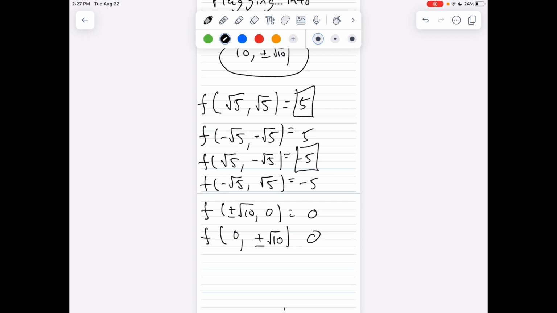So you basically just grab your pairs of points that you see are solutions to the best of your knowledge, and you plug them back in. Usually the actual solutions to your constraint will give you your min and max. So the root 5 points, these four right here, are solutions when lambda equals plus or minus 1/2.